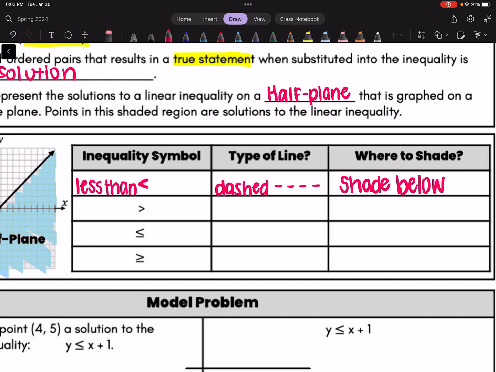Okay. We also can have the greater than symbol. Since we want our solutions to be greater than the line or the equation, we would still have a dashed line on this one. Okay. But because we want them to be greater than, we would need to shade above the line.